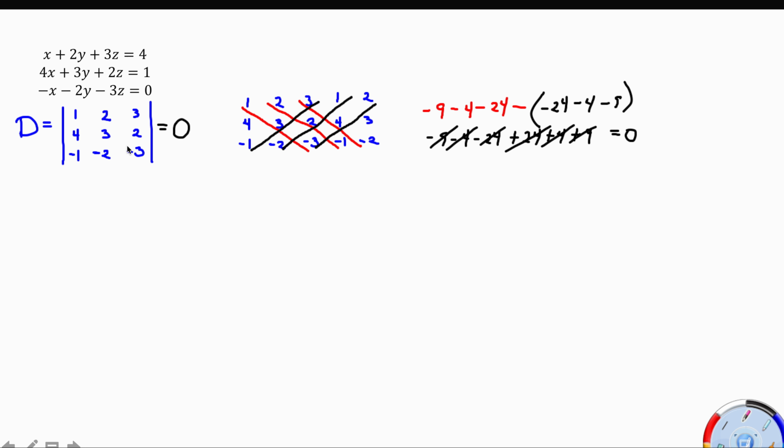If the determinant for your variable matrix is 0, then you're done with Cramer's rule. You now have to go back and decide, is it a no solution or an infinite number of solutions? So when I look up here, I notice, oh, look at this first equation and the last equation.